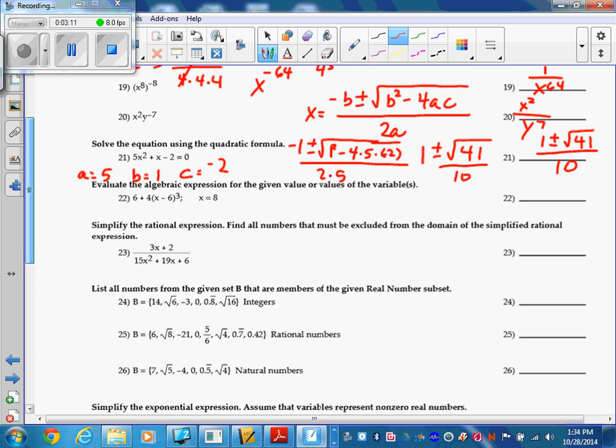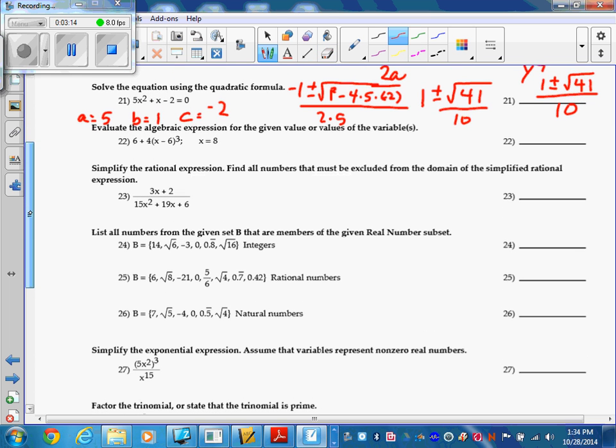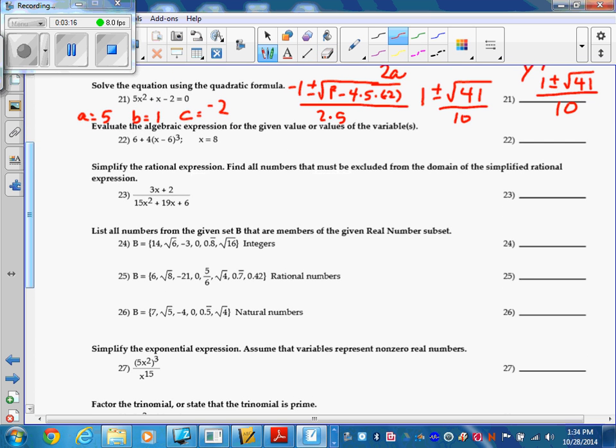And then we come on to 22. Evaluate this expression for the given value. We're going to plug in 8 for x.